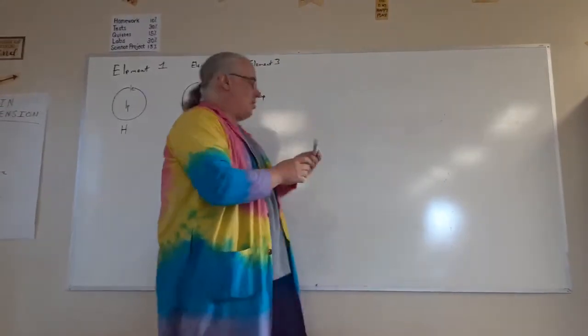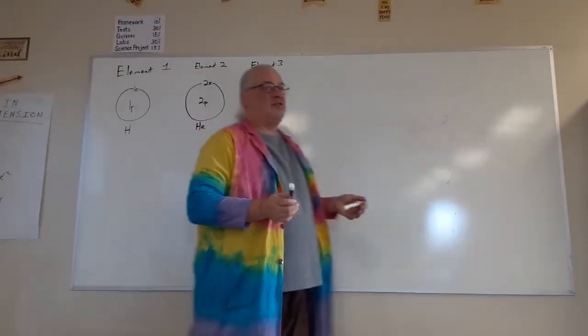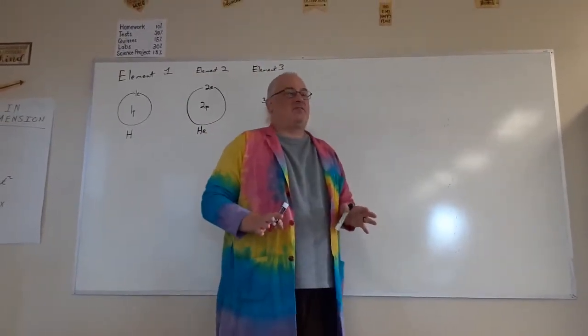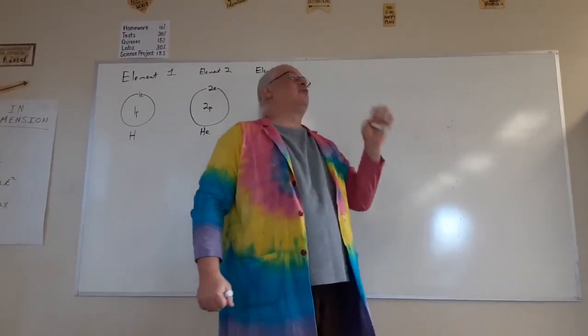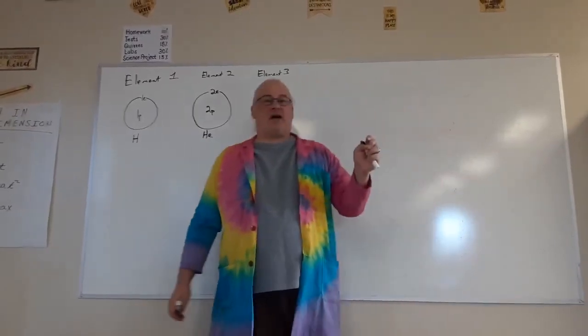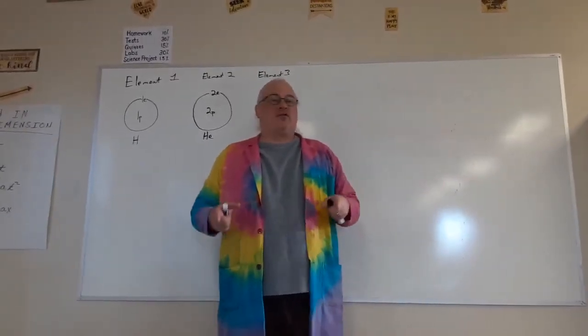Now, there are also particles in the nucleus called neutrons, but we're not worried about those yet. We can talk about the neutrons in the future. Right now, we're trying to establish a basic pattern. And we've got our first pattern right now.